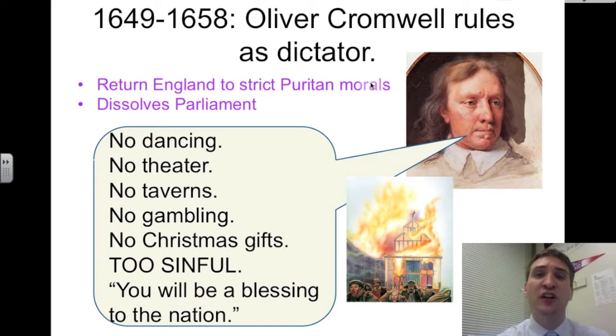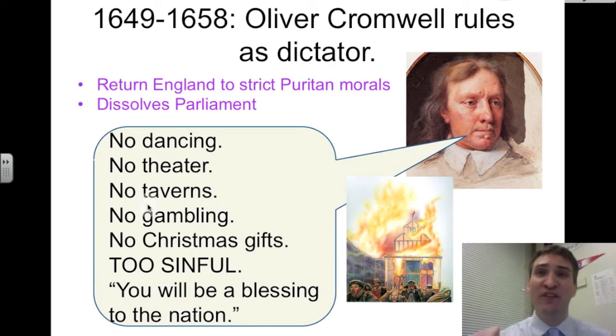And his strict Puritan morals said that there was no dancing, no theater, no taverns, no gambling, no Christmas gifts. Why? Because Cromwell said they were too sinful. He said to the people of England, "You will be a blessing to the nation, so you will act according to my rules and laws."